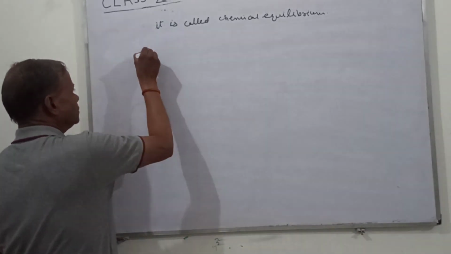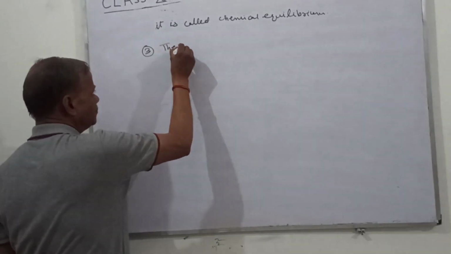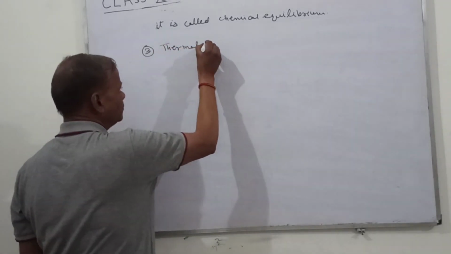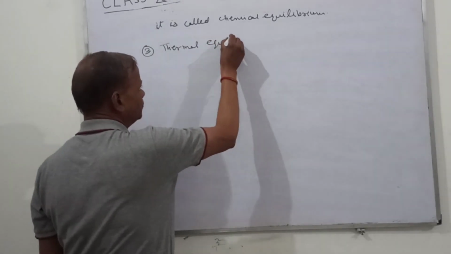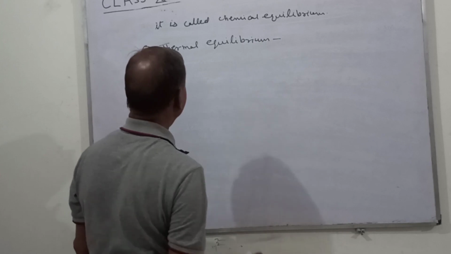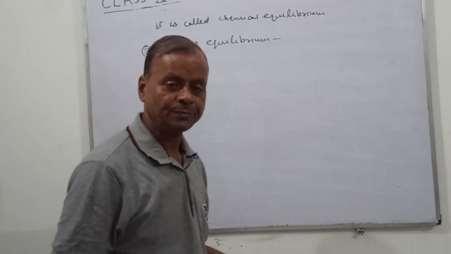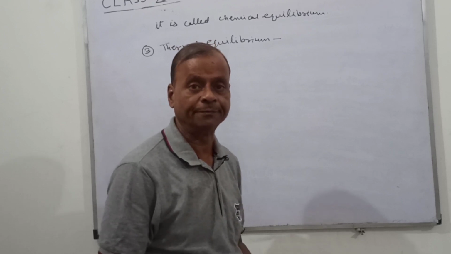And now third, thermal equilibrium. Thermal equilibrium means that the temperature of the system and surroundings are the same.